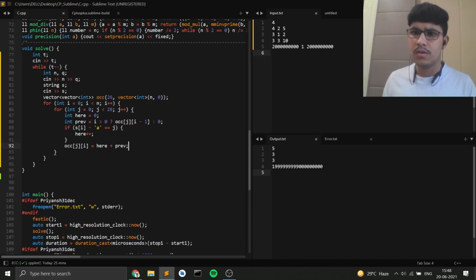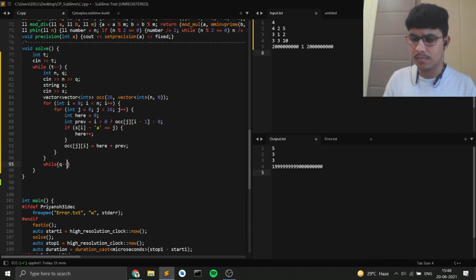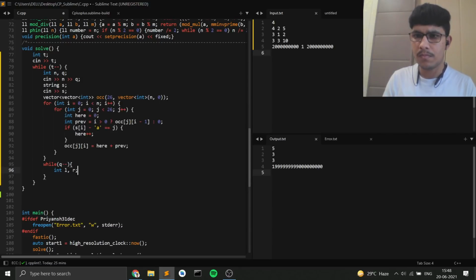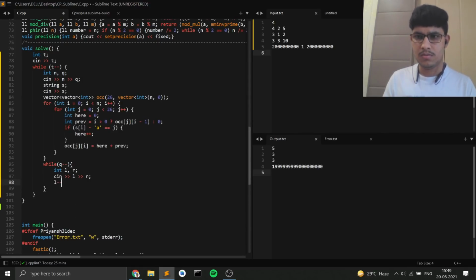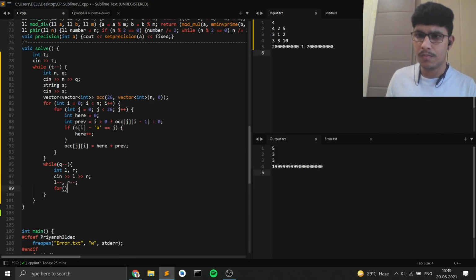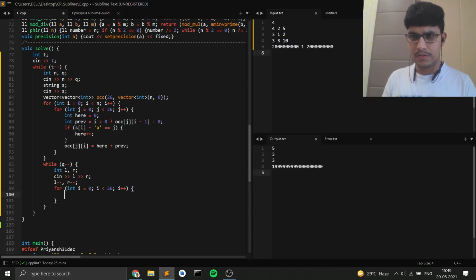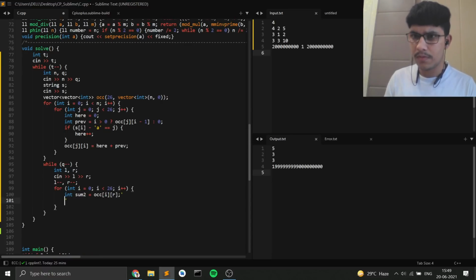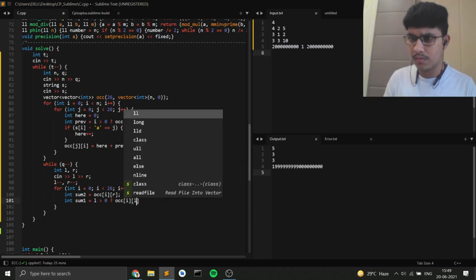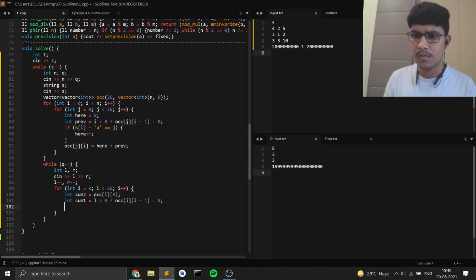Right, so I have int sum 2 equals to right, i comma r, plus equals to i plus 1.